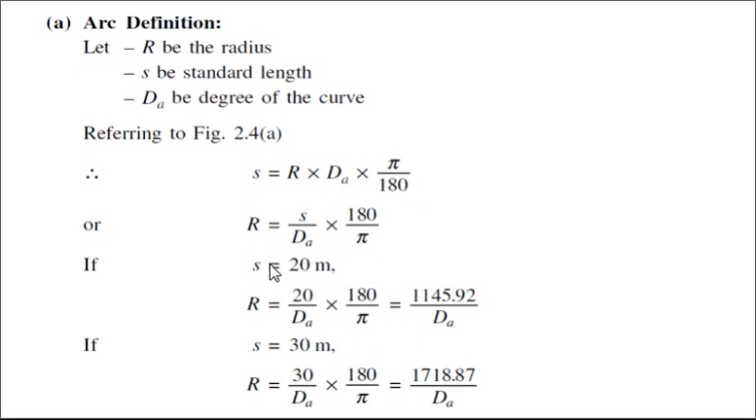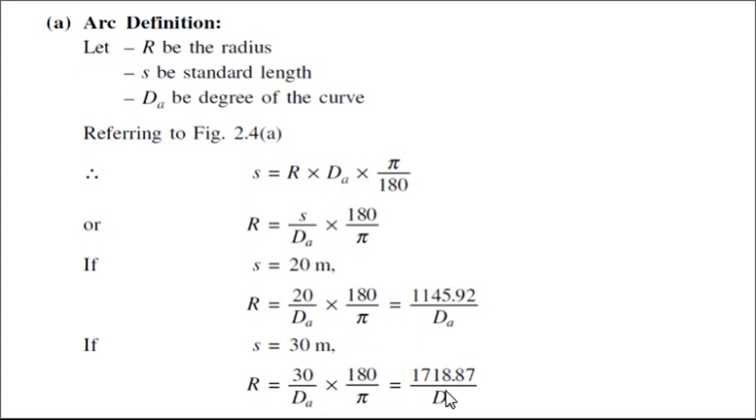Now if we take S equal to 20 meter, then radius r is equal to 20 divided by dA into pi by 180. So if we substitute the degree of the curve in degrees, we will get the radius of the curve in meter. Next, if the value of S is taken as 30 meter, then r is equal to 30 divided by dA into 180 by pi.